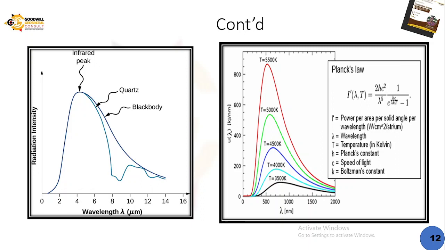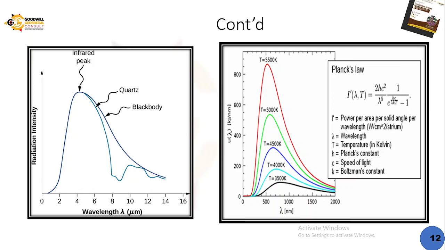Now, this is a graph of radiation intensity against the wavelengths. The sun energy is coming as light, and light has two components. It has a particle component and a wave component.